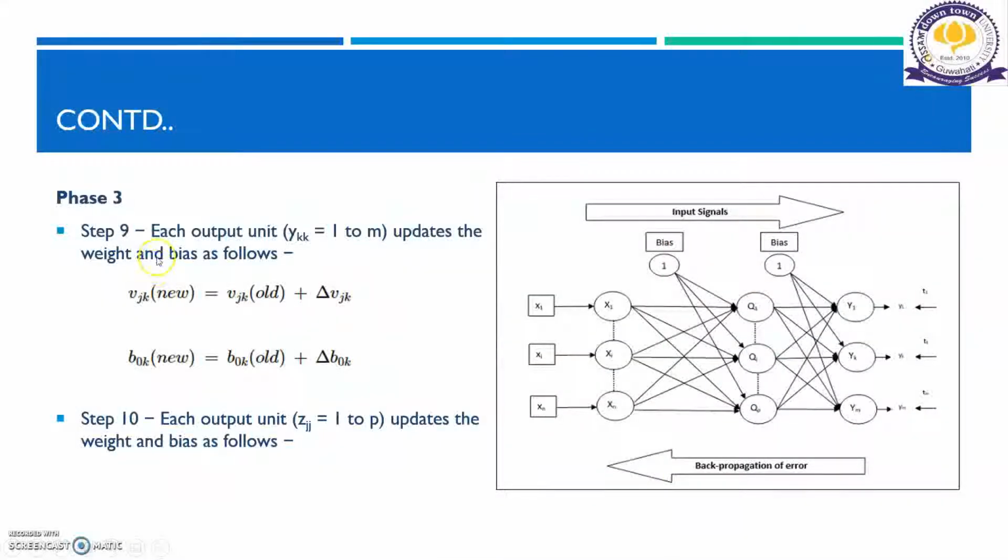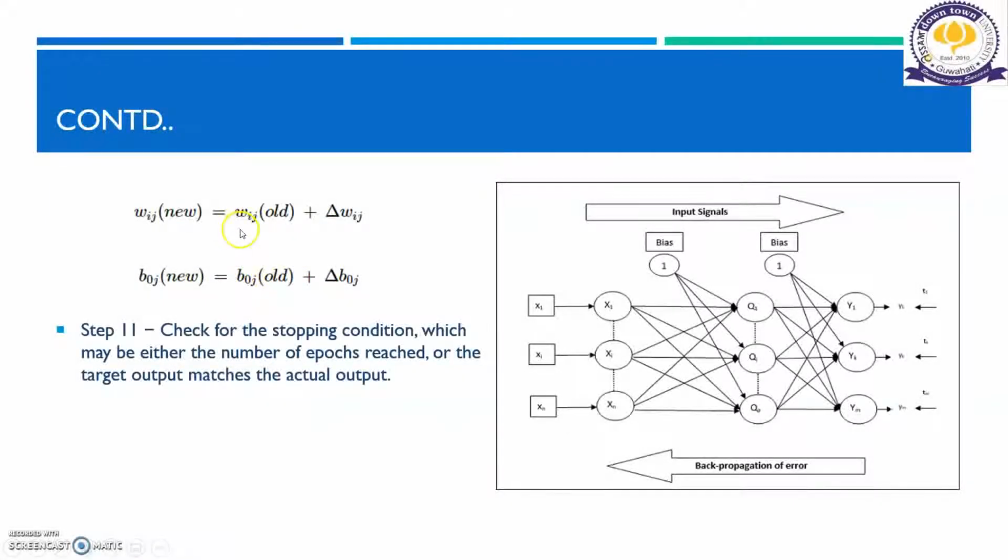So next, in phase 3, you need to update the weights at the hidden layer as well as in the output layer. In the output layer, the weights and the bias will be updated by adding the gradient of weights and bias to the old weights and bias, and similarly in the hidden layer as well, the weights and bias will be updated based on the calculated gradients of weights and bias at the hidden layer.